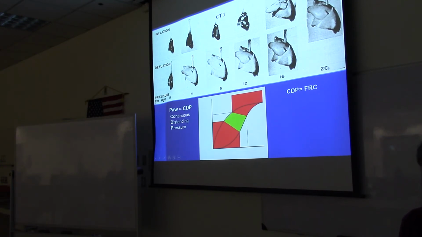At 20 of PEEP, it's fully inflated. You start backing down on the PEEP, and the lung stays inflated. Before, on 12 of PEEP, it was still collapsing. But once you get all the alveoli opened and you bring it down to 12, you still keep the lungs inflated until you go down less than 4 centimeters of water. So that's the point of maintaining PEEP and recruiting the alveoli: to keep them open so they don't collapse.